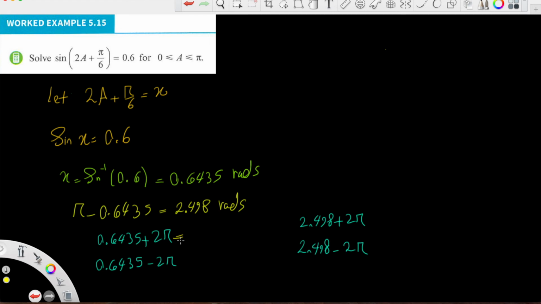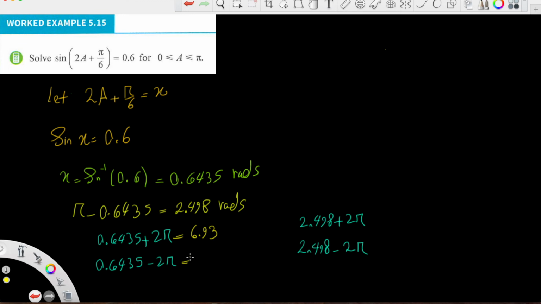Using my calculator to quickly calculate 2 pi plus 0.6435, 2 times pi plus 0.6435 is equal to 6.963.